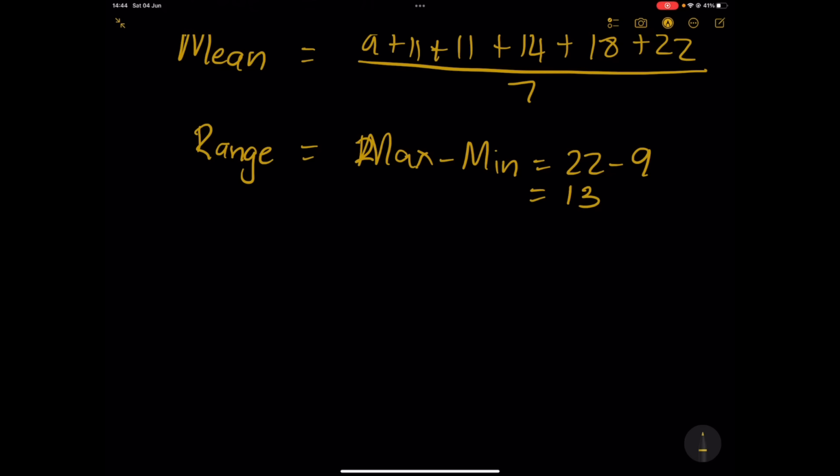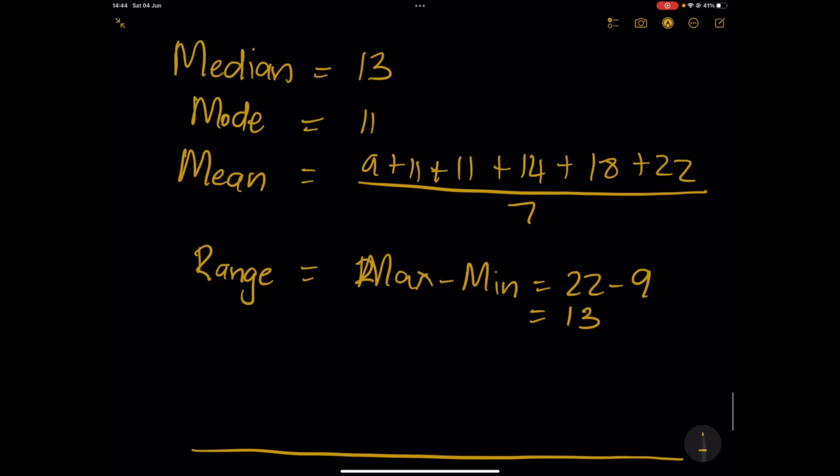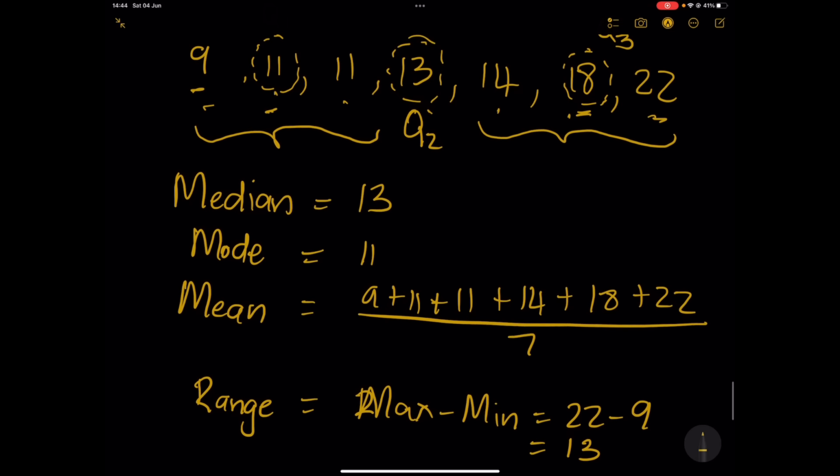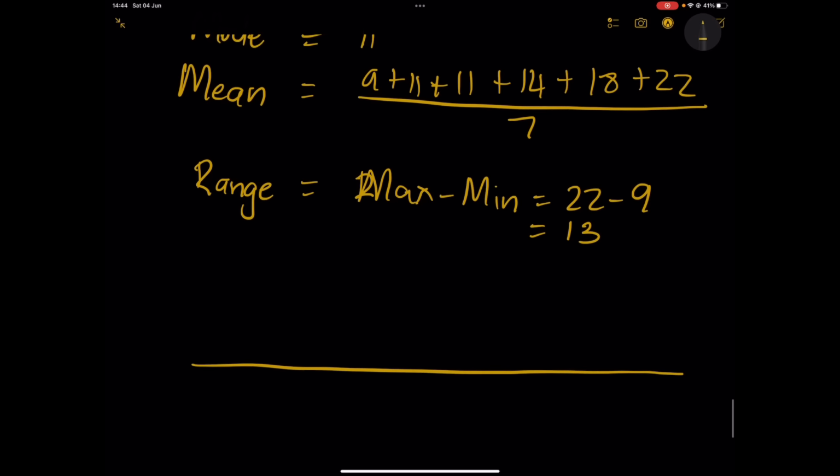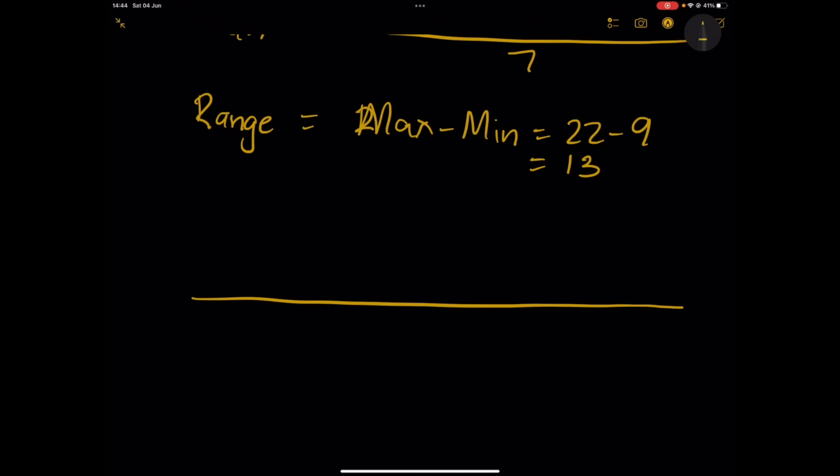Now, I want to quickly rush to the box and whisker plot. We said the minimum value is 9 and the highest value is 22. So we can draw a number line from 9 up to 22: 10, 11, 12, 13, 14, 15, 16, 17, 18, 19, 20, 21, and 22.